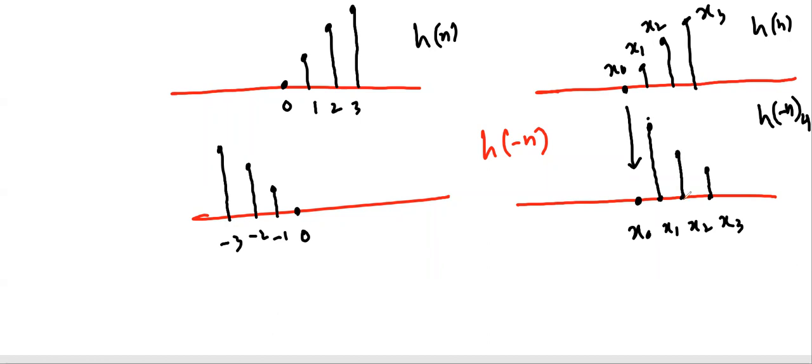So the swapping is that x0 will come to the x0, x2 comes to the x2, x3 moves to the x1, and x1 moves to the x3. What we have found in the earlier lecture. So now this is your circular shifting version.